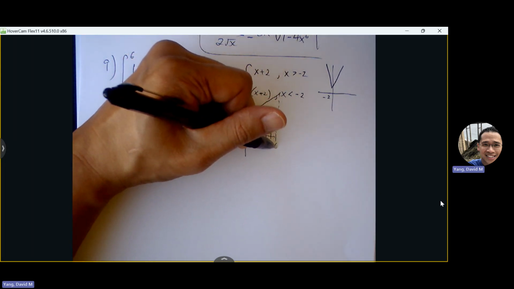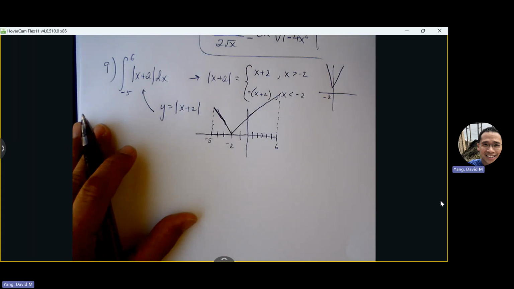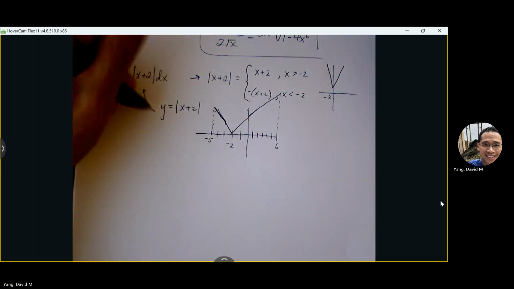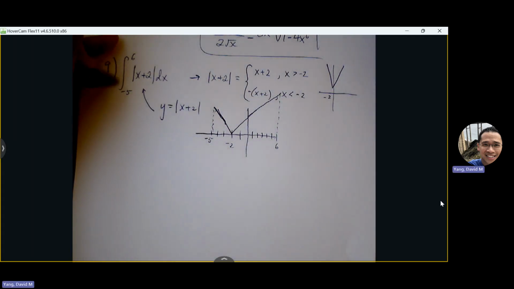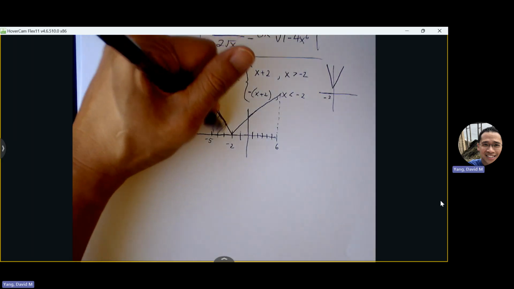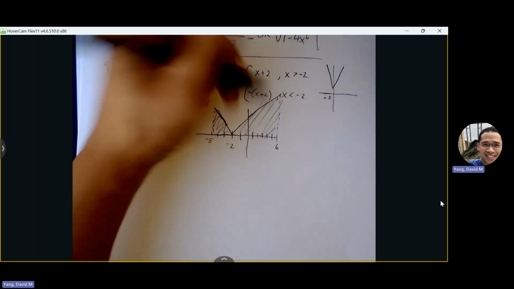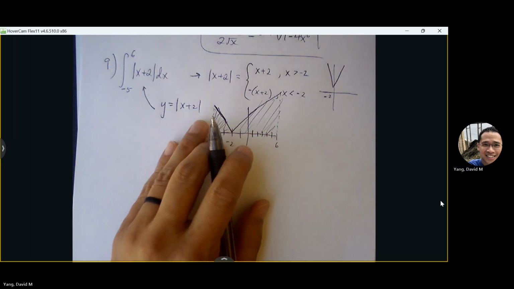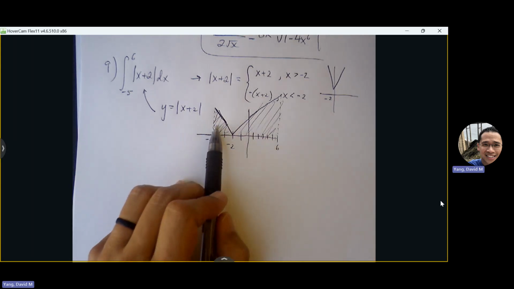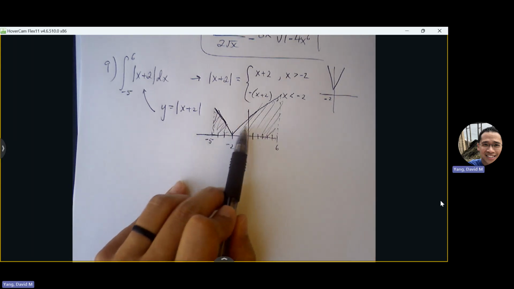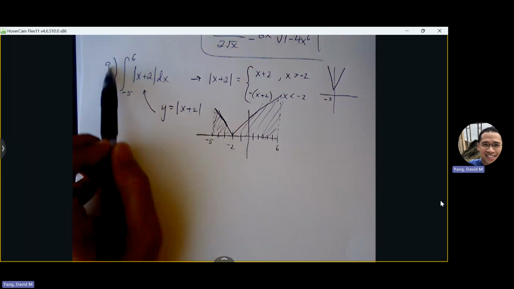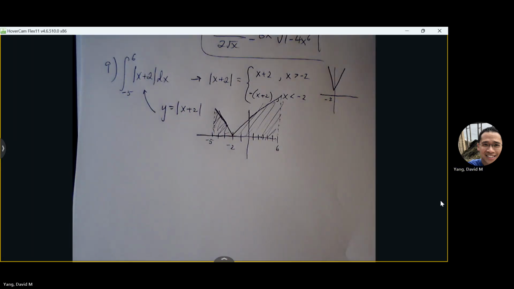Because I'm looking at just between the graph and the x-axis. So the definite integral from negative 5 to 6 is just the total of these two triangles. If I can find the base and the height of each triangle, I can do 1/2 base times height, 1/2 base times height, add these together, and that will represent my definite integral.